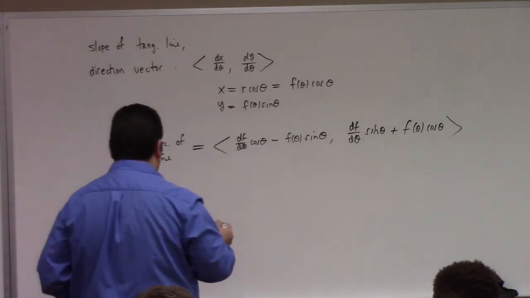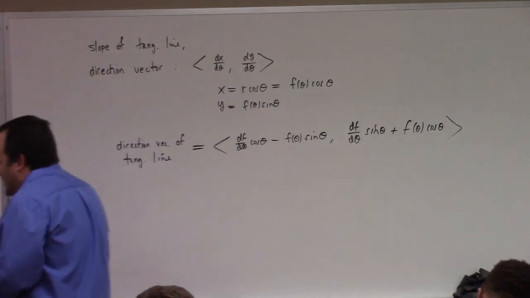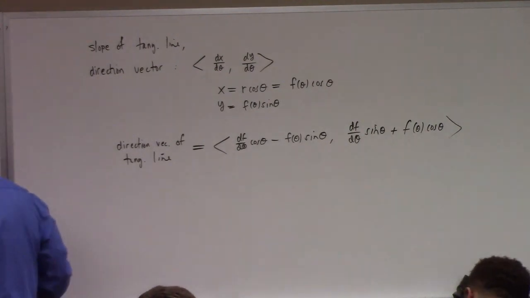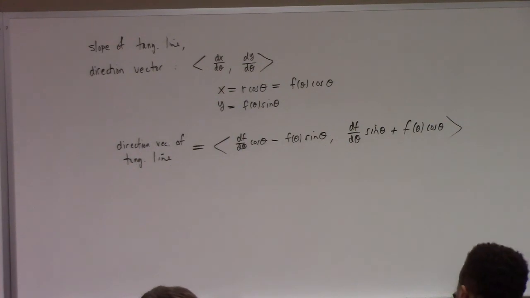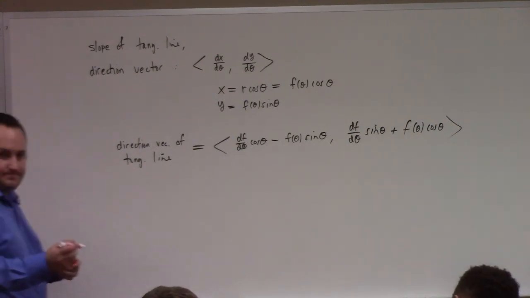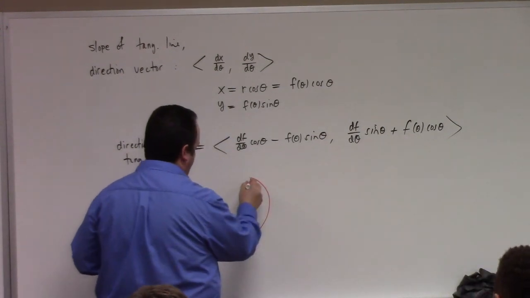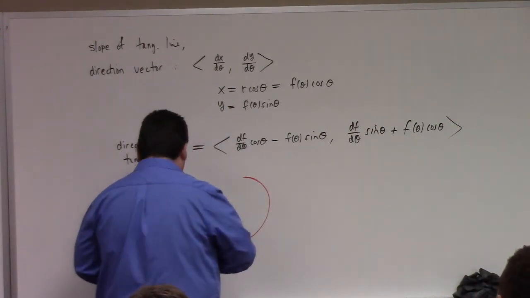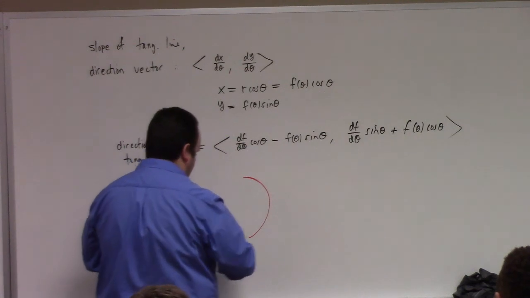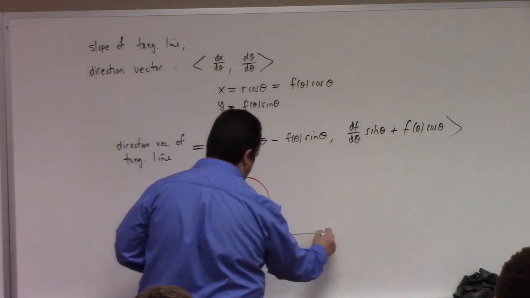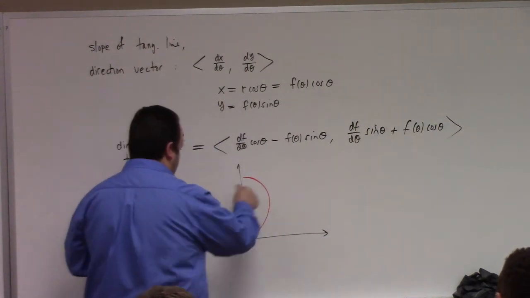So just to try to explain what was the significance of those things I just wrote down. If we look at the curve, right? Maybe I should make it bigger.